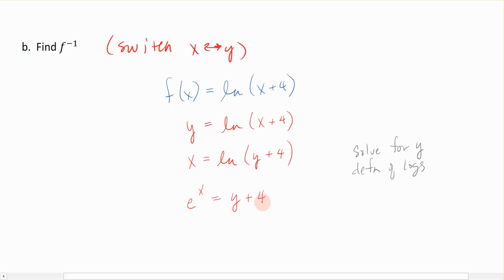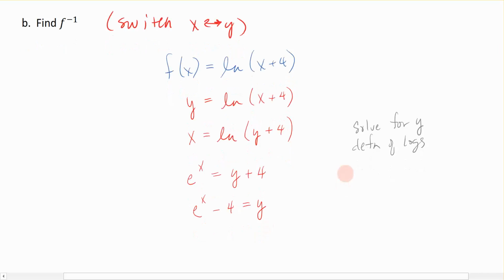That move right there took the variable that I'm interested in, y, and got it out of the internal position of an argument, and it left it out here clear and free for me to now be able to isolate it by itself. So if I'm trying to get y by itself, I'm just going to subtract 4 from the right hand side, and I get e to the x minus 4 is equal to y.